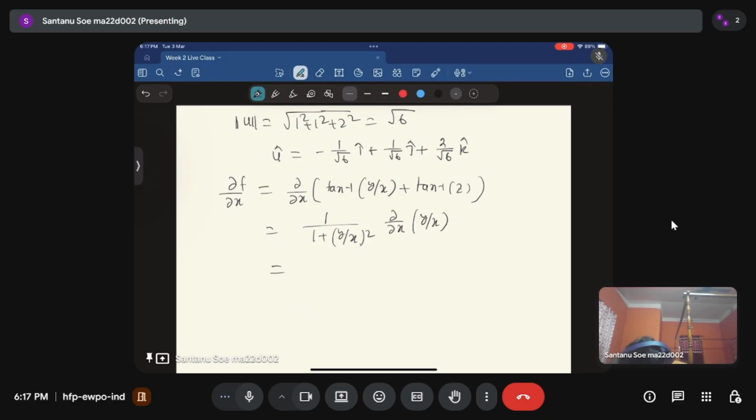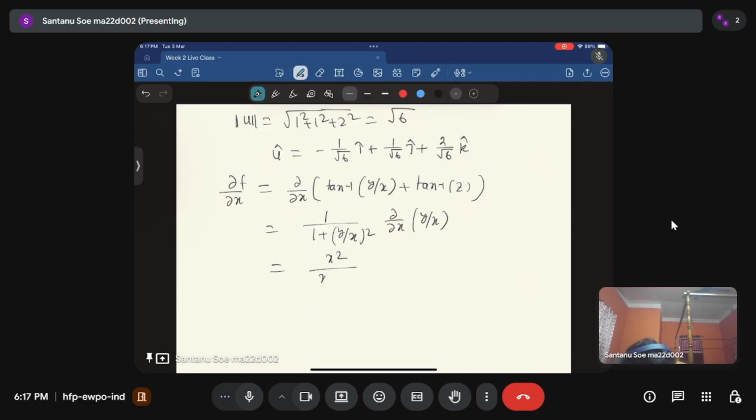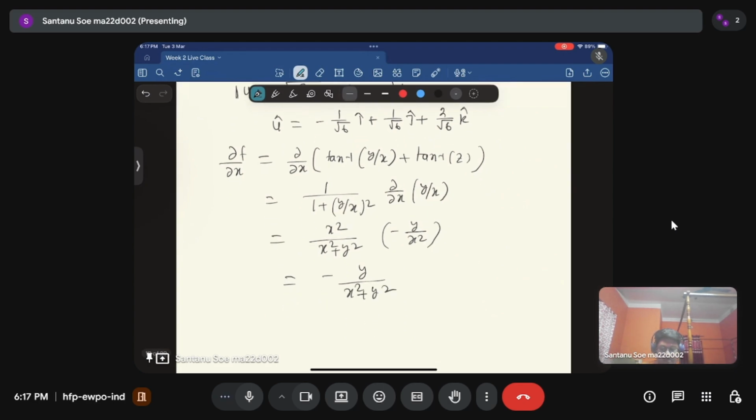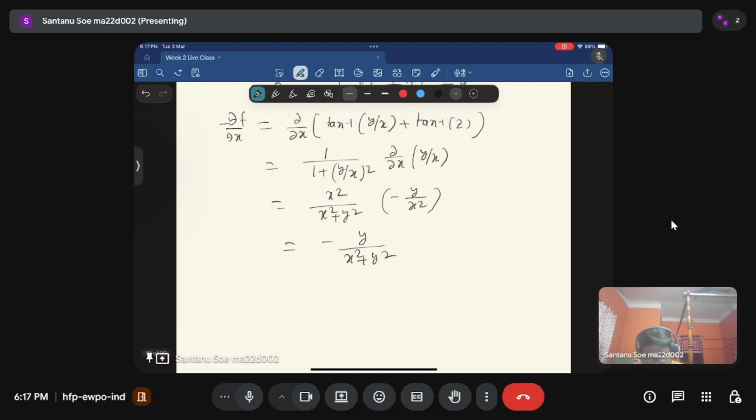This is going to be x square divided by x square plus y square times minus y by x square. So just minus y divided by x square plus y square. Okay, so this is our del f del x.